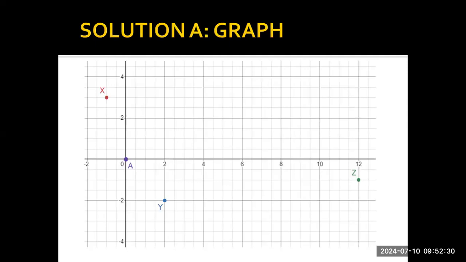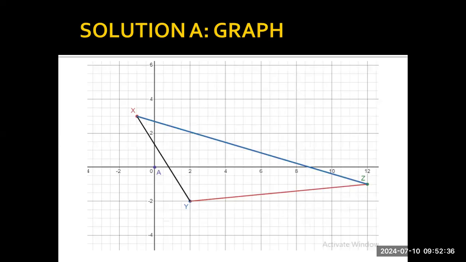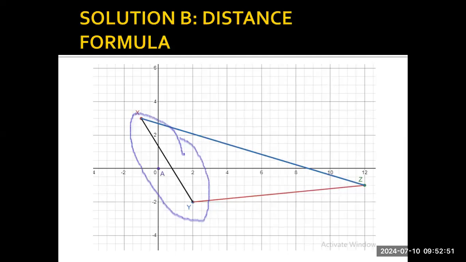And star Z is located at (+12, -1). So as we connect these three stars, X, Y, and Z, we can form an imaginary obtuse triangle. Then let us compute the distance between the star X and the star Y.